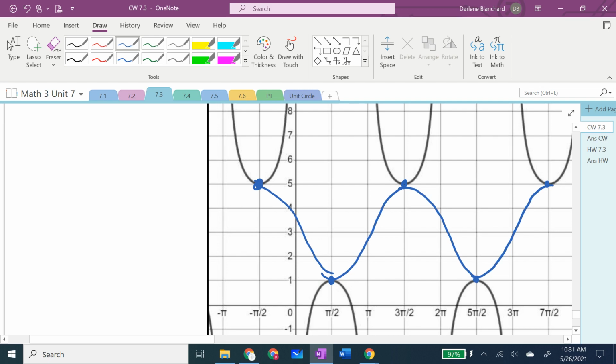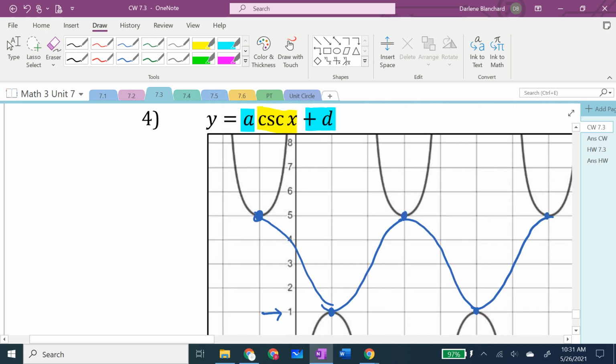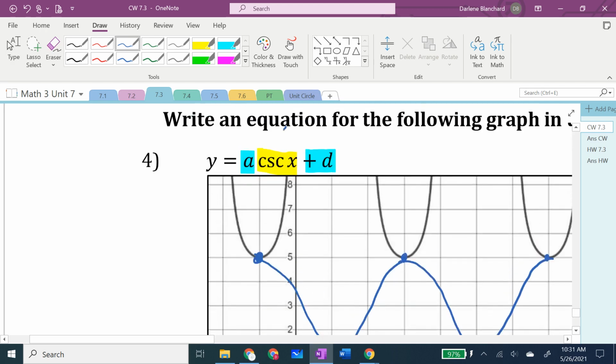Now, I didn't draw my sine function perfectly, but if you look at it, I'll try to tidy it up. You notice that this, and by the way, sine is cosecant's reciprocal. So we know we're looking for a sine graph.